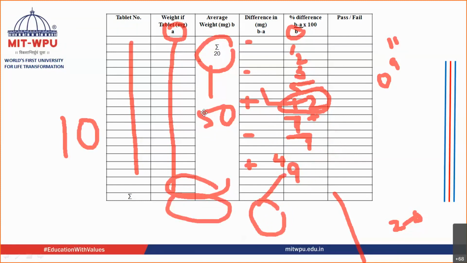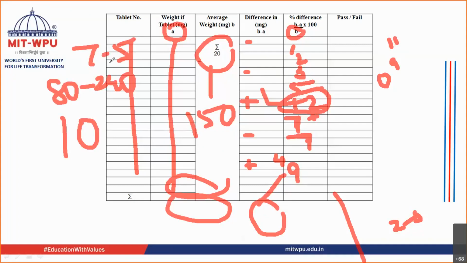If I say this tablet has an average weight of 150 milligram, it lies in the category between 80 and 240. So the percentage deviation allowed is 7.5%.